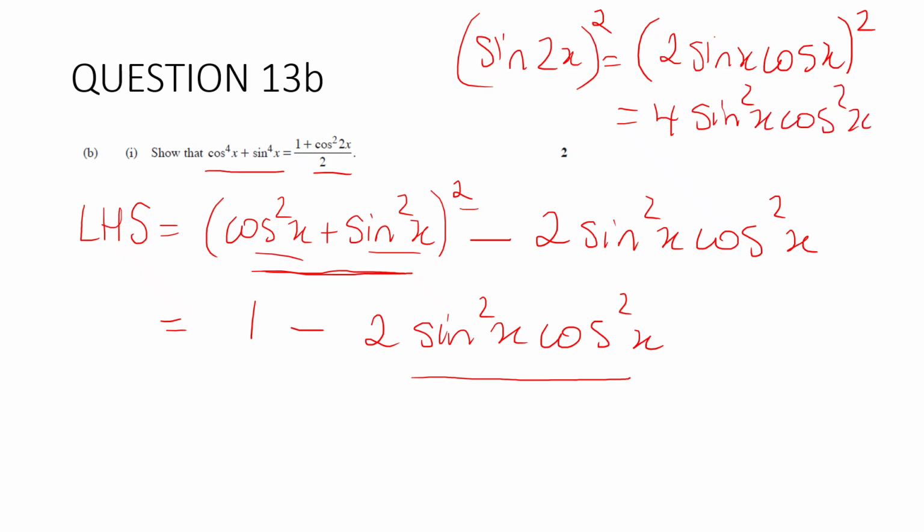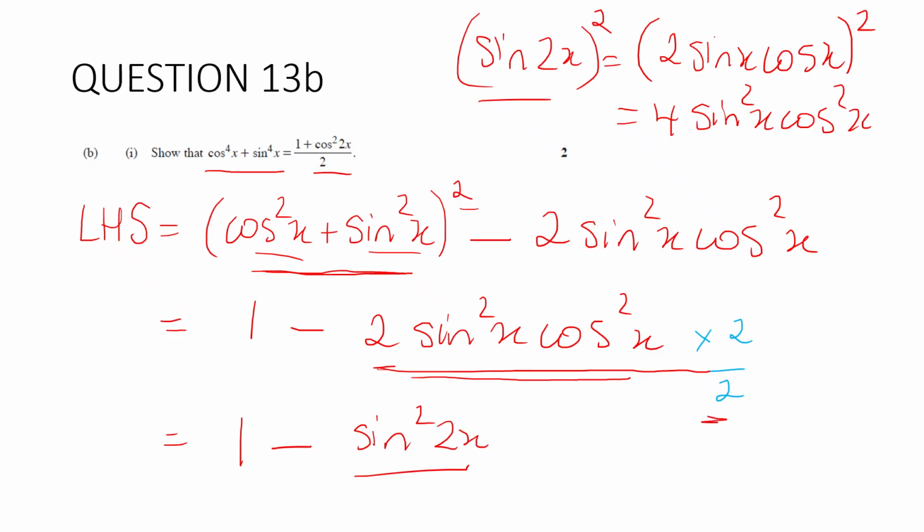So we're only out by a factor of 2. So let's multiply top and bottom by 2. And that will give us 1 take away this numerator here is going to be that sine squared 2x over 2.